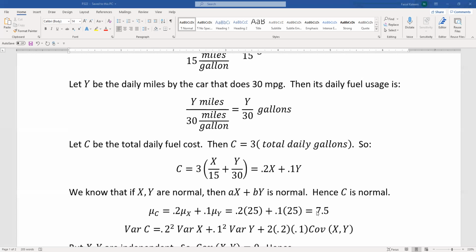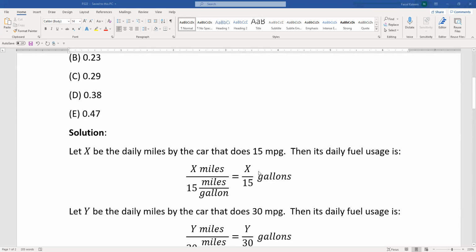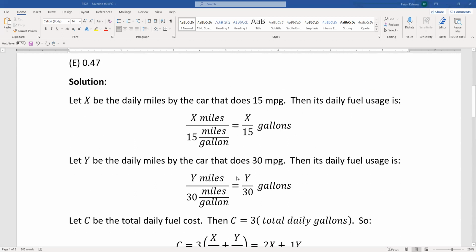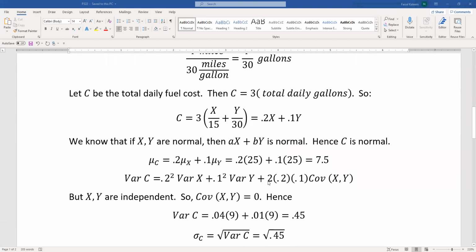The variance of C will be a squared variance X plus b squared variance Y plus 2ab covariance XY. But we're also given in the problem that each car travels a number of miles independent of the other. Therefore X and Y are independent, which means their covariance is 0, so this part is gone.